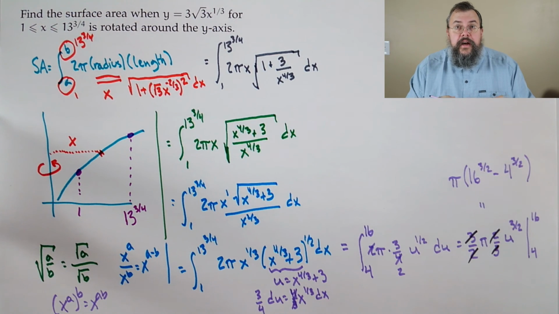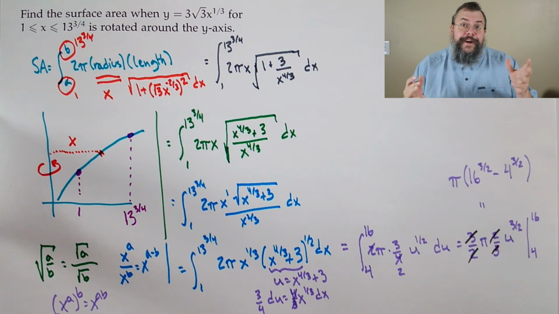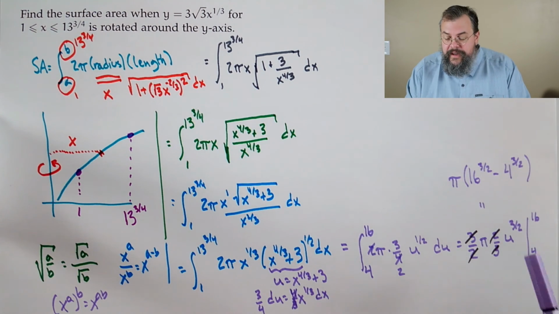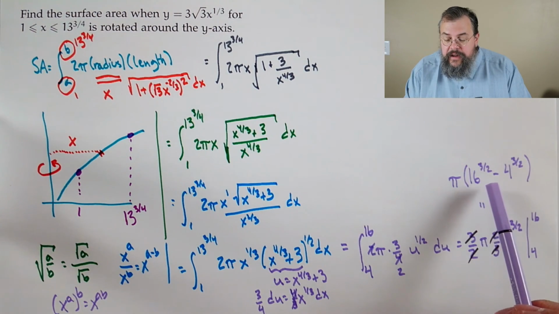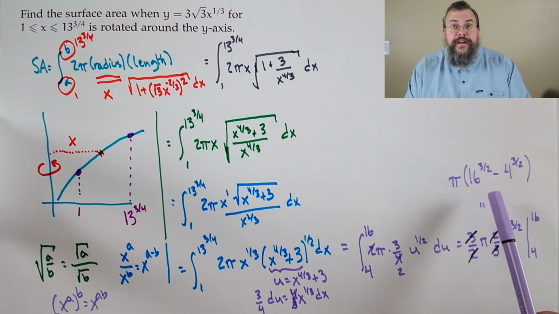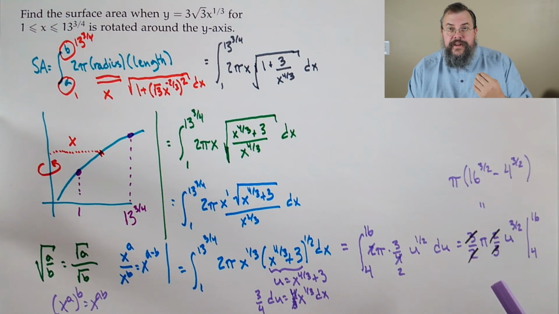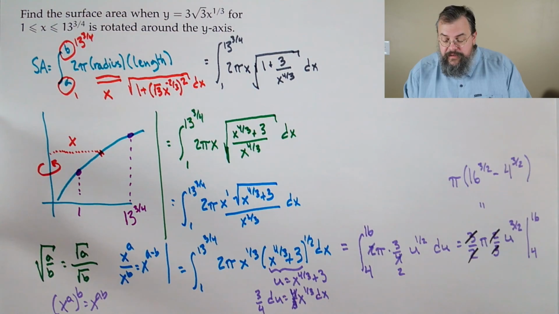I don't know, 4,096? Well, yeah, it is. But maybe we didn't know that off the top of our head. So we don't have to know 16 cubed, right? We can think of this as 16 to the half, or square root of 16, which should be 4. And then we cube that. So that would be 4 times 4 is 16, times another 4, leaves us with 64.